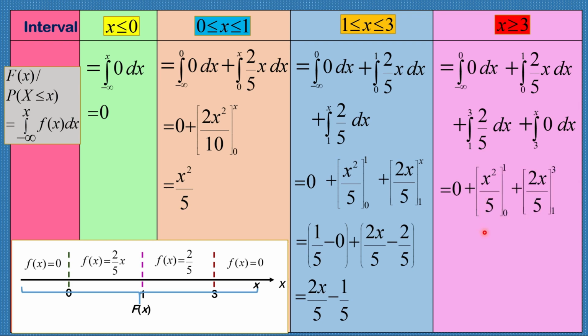And the result after integration, the cumulative distribution function in this interval is equal to 1. We can see that the cumulative distribution function F(x) in the first interval is equal to 0, and in the last interval is equal to 1.